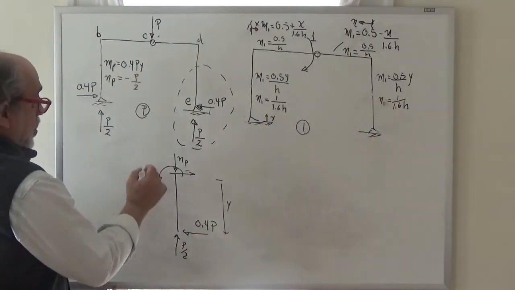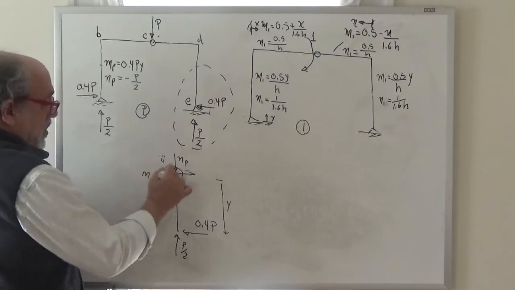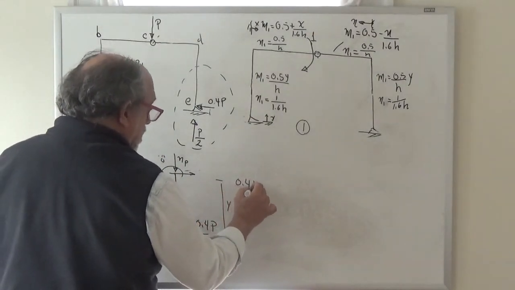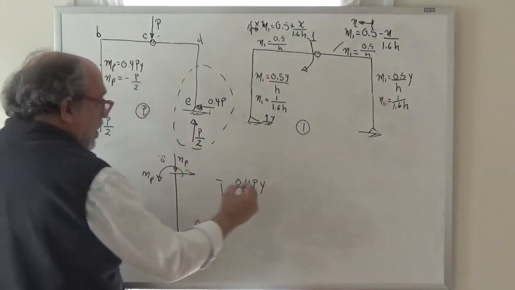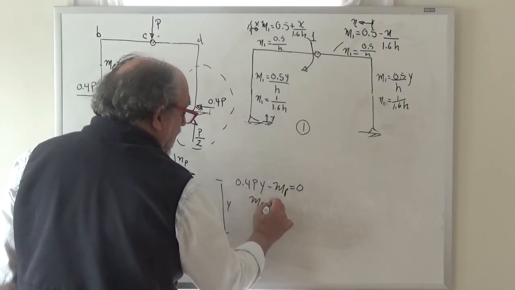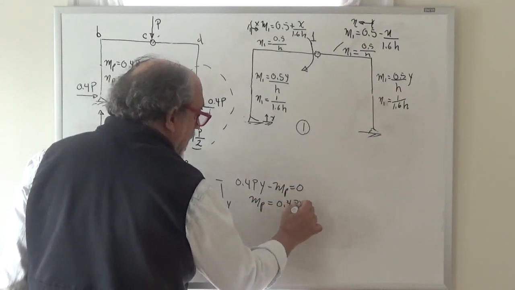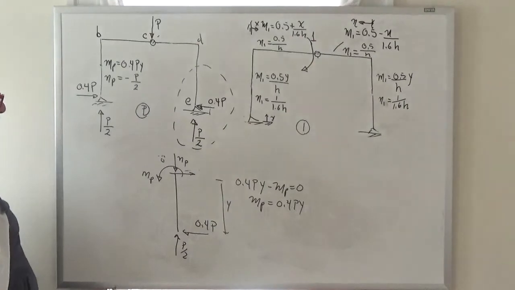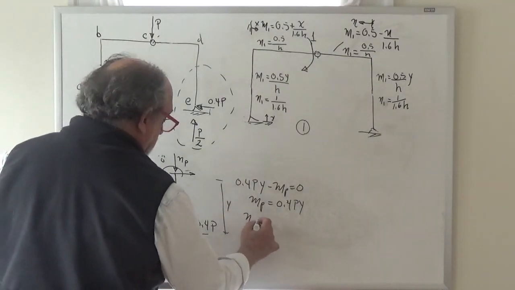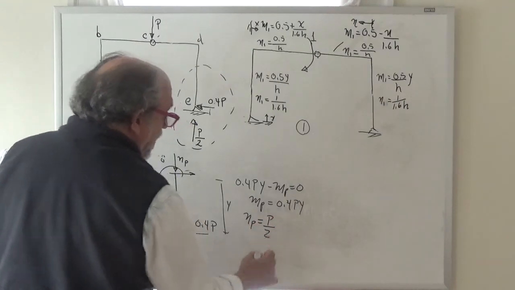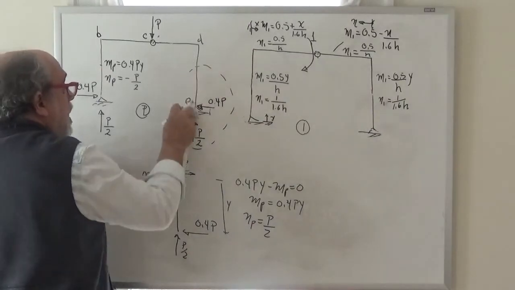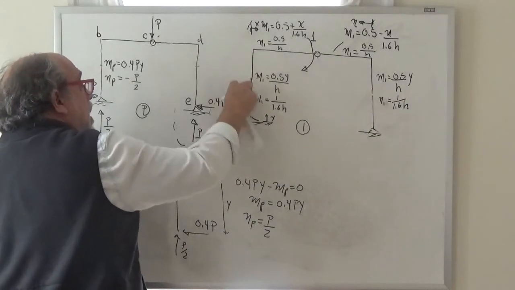So now with this condition, we sum moments about this point. We have 0.4 P times Y clockwise minus MP equal to 0, from where MP is equal to 0.4 PY. And we say sum of the forces in the Y direction equal to 0, and from there we find that NP is equal to P over 2. So, not surprisingly, they are the same as in the other bar.